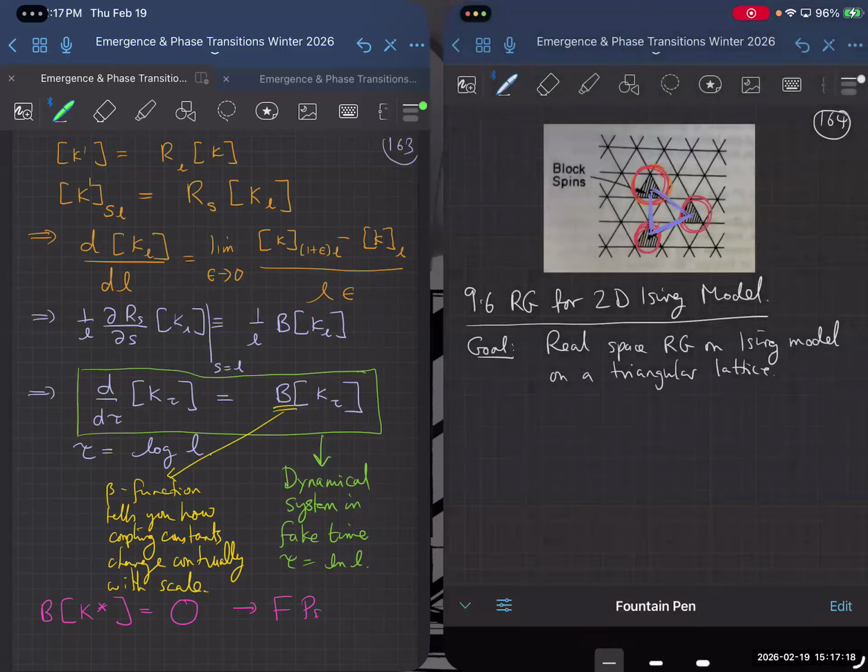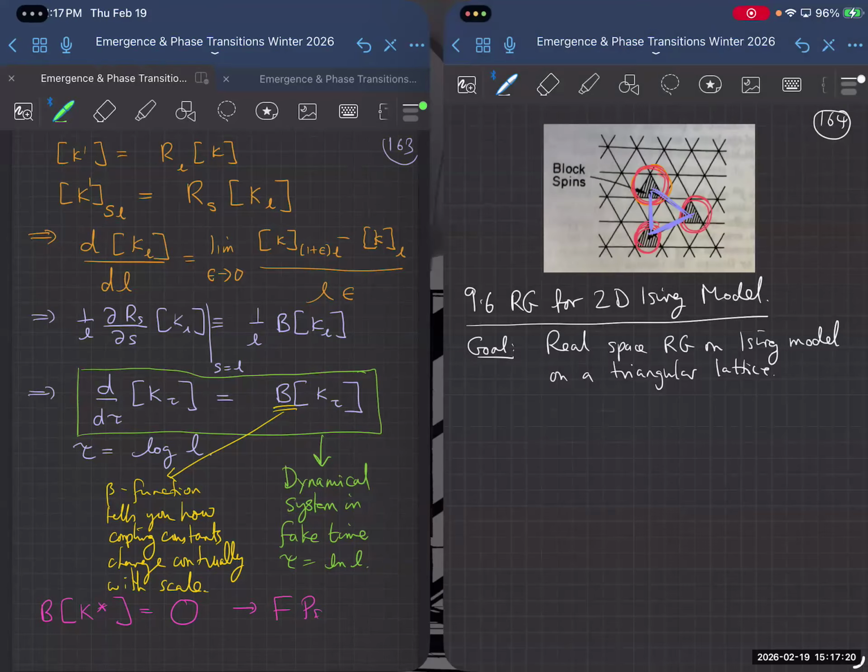So now let's go ahead with the calculation. The Hamiltonian for the system is the coupling constant K times the sum over nearest neighbors ij of Si Sj, plus H times the sum over spins Si.